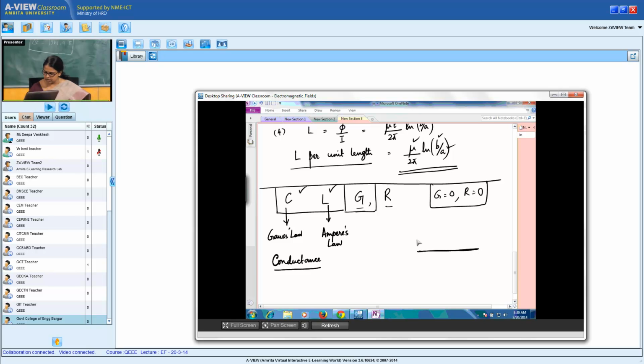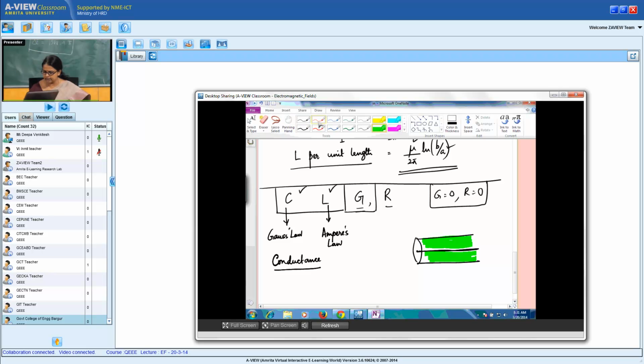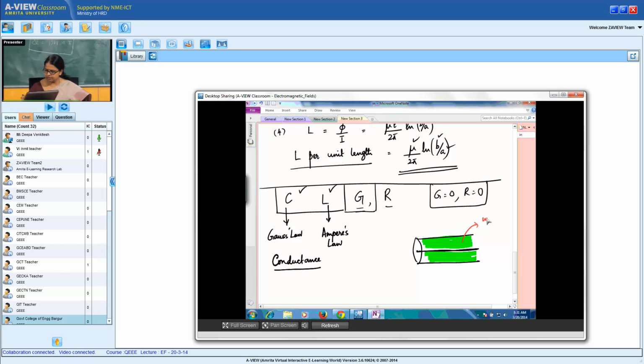Ideally, the inner conductor and the outer conductor of a coaxial cable are supposed to be totally insulated, which means the material that you have here in between the conductors, what I am shading as green, has to be a perfect insulator.